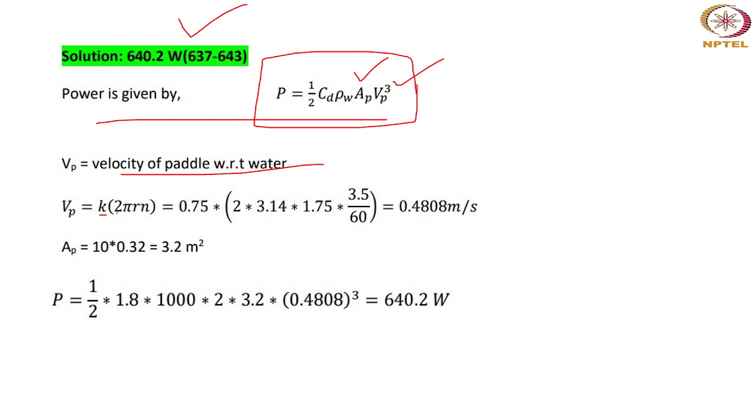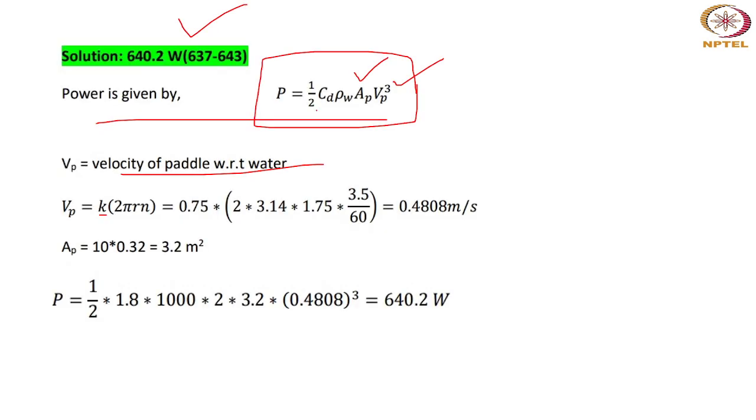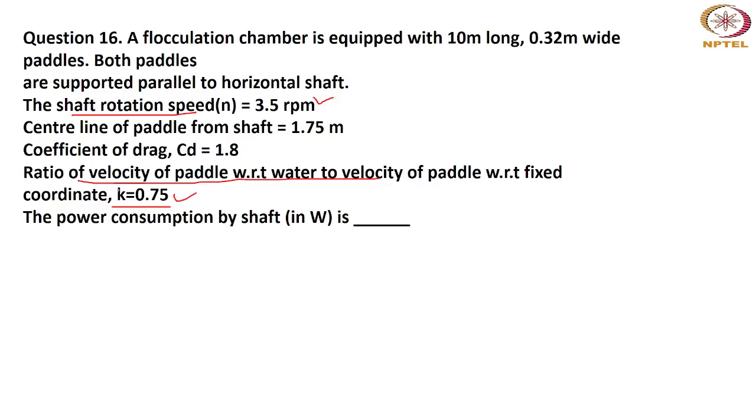This is K multiplied by 2 pi R n, and here the K value, the velocity ratio of paddles with respect to water velocity, is given as 0.75, right? And the shaft rotation speed N was given as 3.5 RPM, right? So just put the values here.